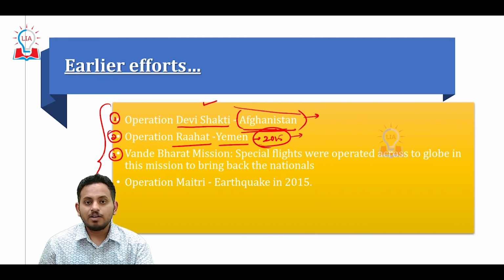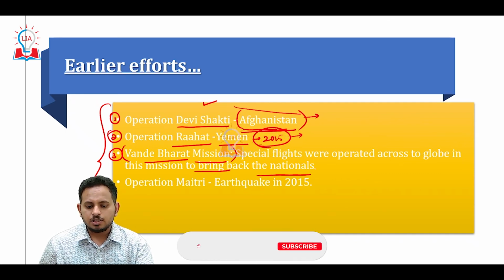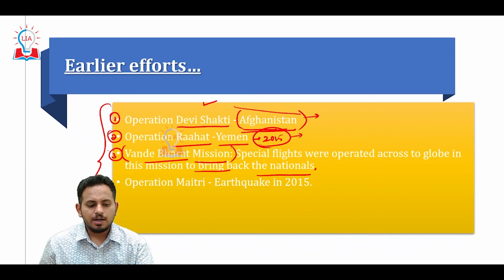Third one, a very famous one you must all be aware of: the Vande Bharat Mission. This is a very important mission in dealing with the COVID-19 pandemic. Special flights were operated across the globe in this mission to bring back nationals during the pandemic. To rescue Indian citizens who were stranded abroad, India launched the Vande Bharat Mission.